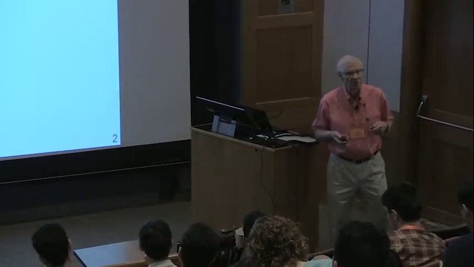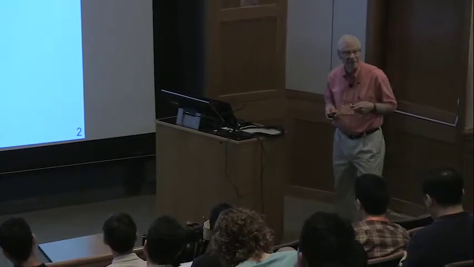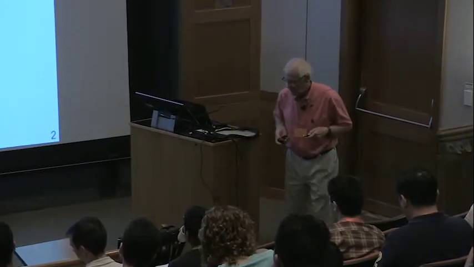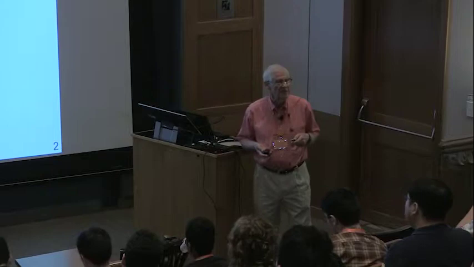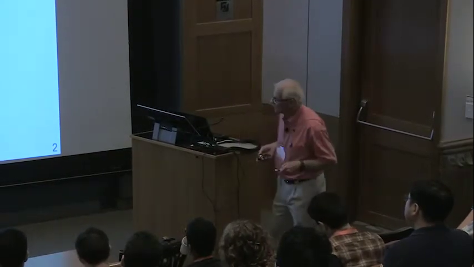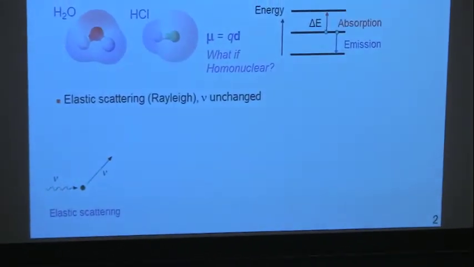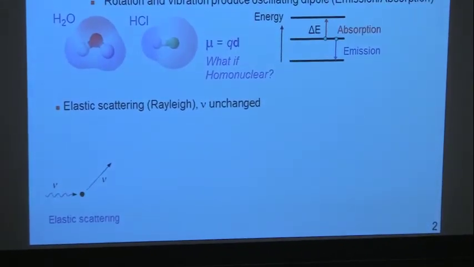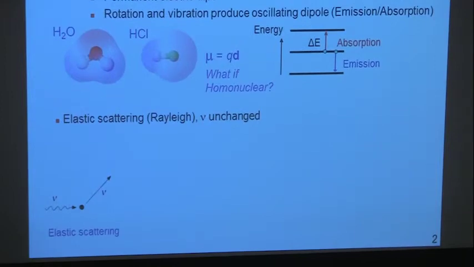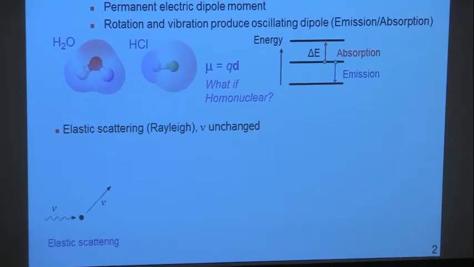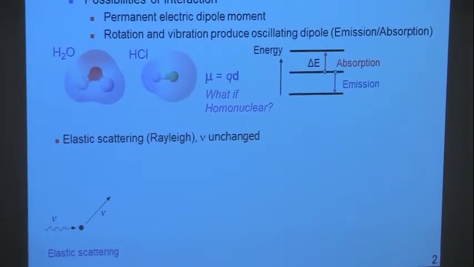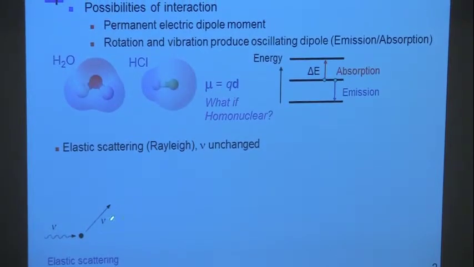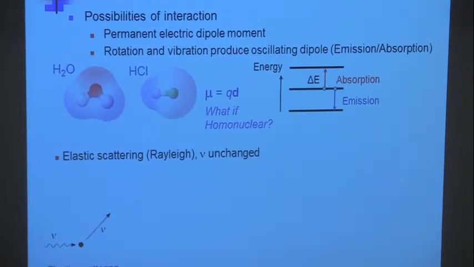If the internal energy of the molecule is unchanged, that's called an elastic collision. If the internal energy is changed, it's an inelastic collision. So we can have Rayleigh scattering, which is responsible for the color of the sky, just due to the scattering of light off of molecules without changing the quantum state. It occurs. In that case, the scattered light does have the same frequency as the incident light if you're using a laser.